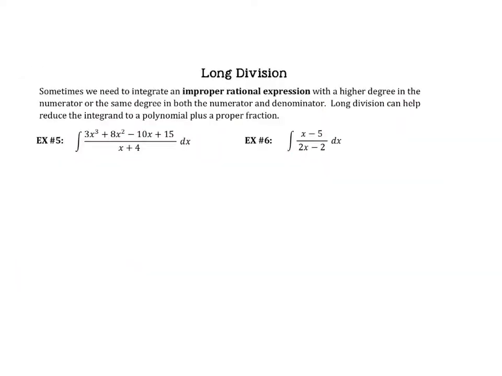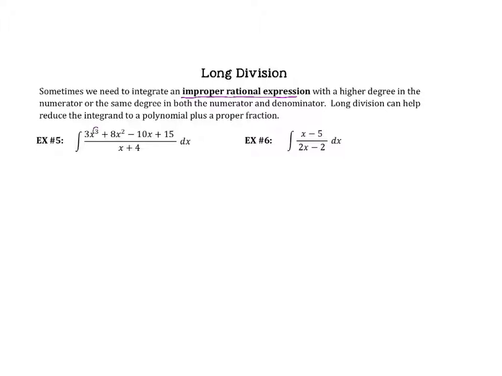Okay, this next portion that we're going to do is going to be with our long division. And what we will really do for this is we're going to incorporate our synthetic division. Now, whenever we know that we're going to have to do our long division is whenever we have an improper fraction, or in this case, improper rational expression.